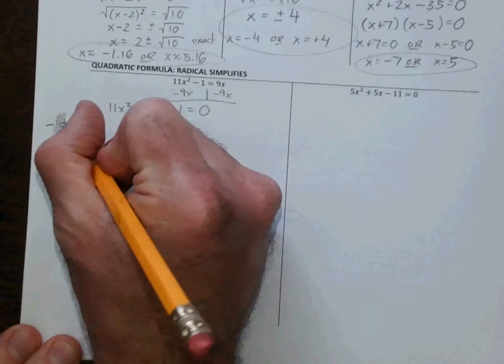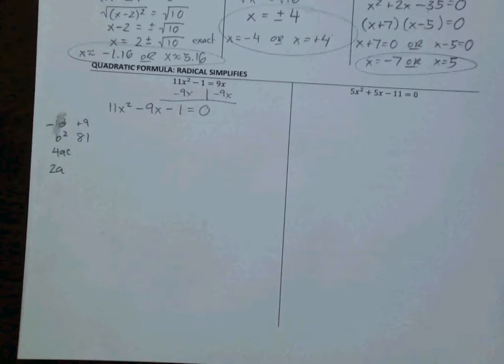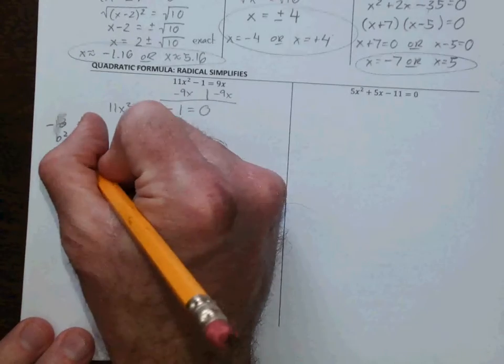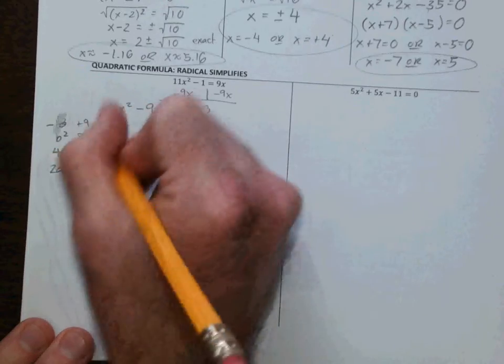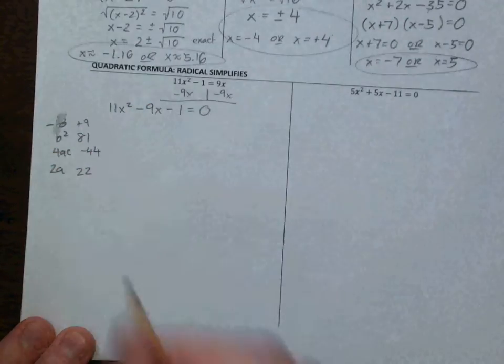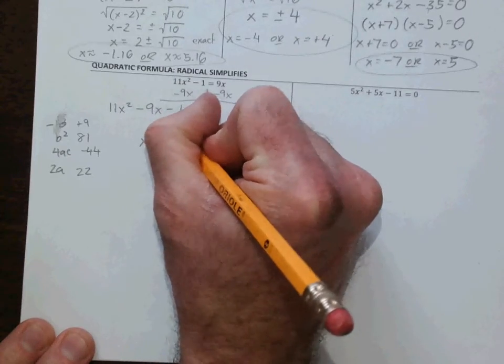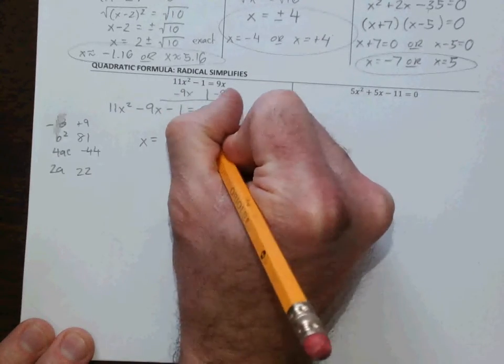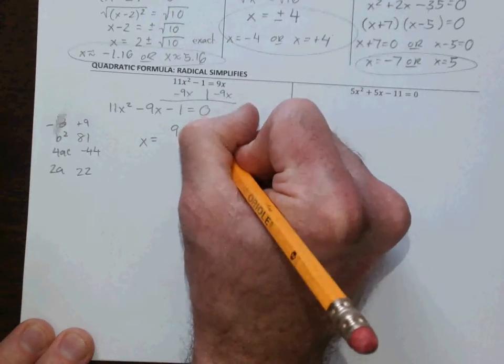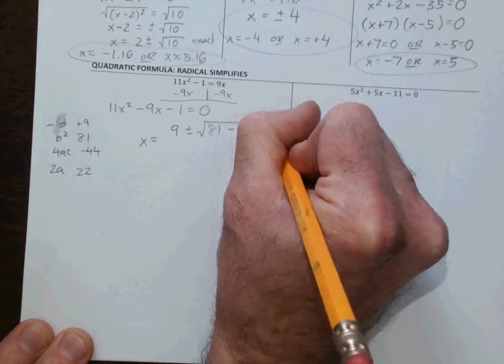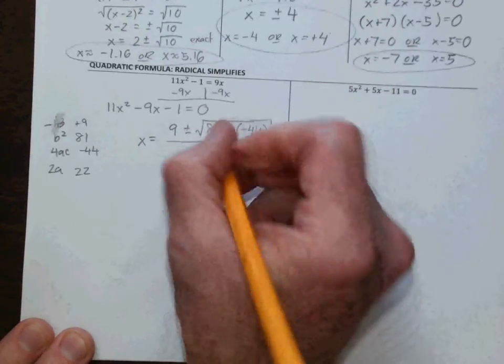B squared is 81. 4 times a is 44, times negative 1, negative 44. 2a is 22. So this is x is equal to 9 plus or minus the square root of 81 minus a negative 44, all over 22.